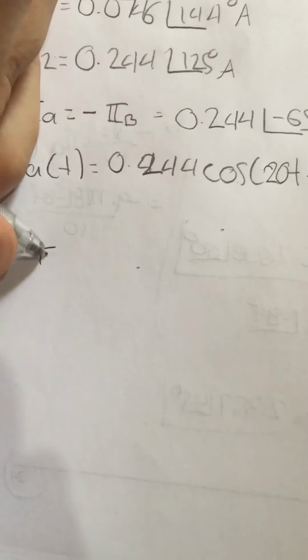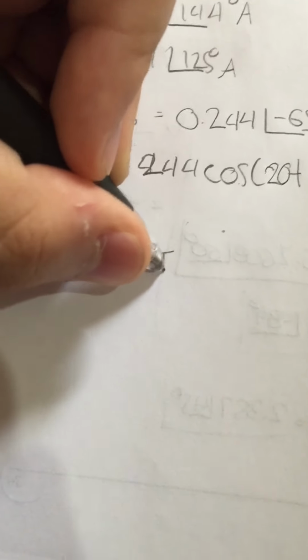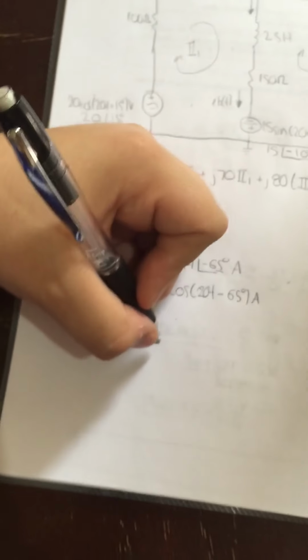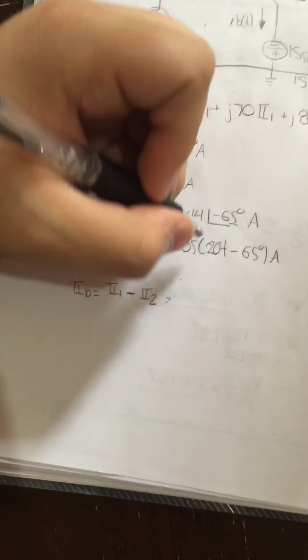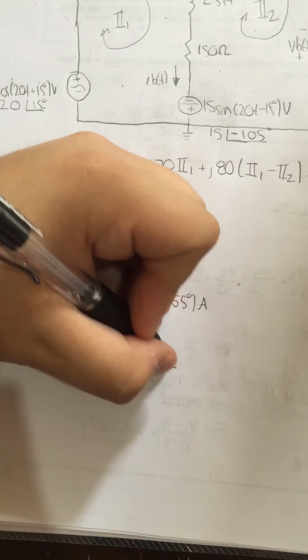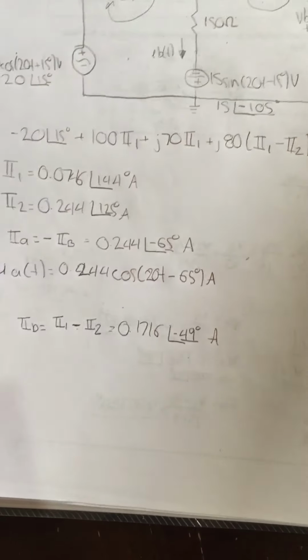So we can write it as follows. IB is equal to I1 minus I2. And the result of this, after doing the calculations, is 0.1716, angle of negative 49 amperes.